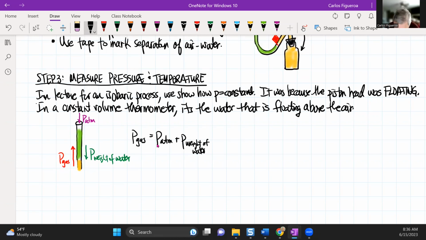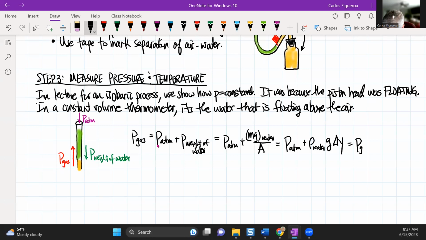And there's two ways that we can write this. We could either do pressure of the atmosphere plus the weight of the water divided by the area, but that's not the common way that we write it. The way it's written is the density of water times the acceleration due to gravity times the height change. This is the pressure of the gas.